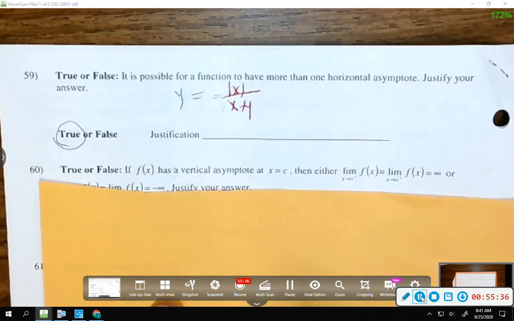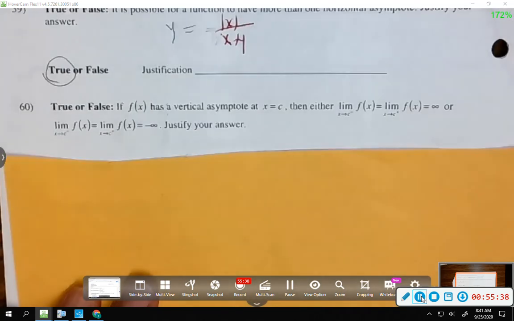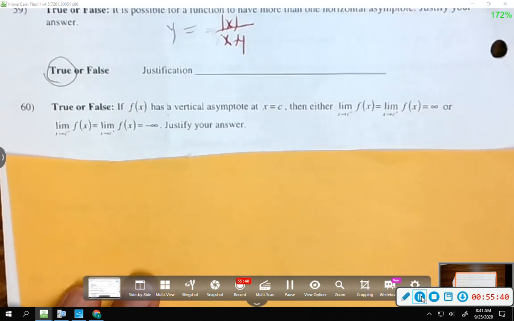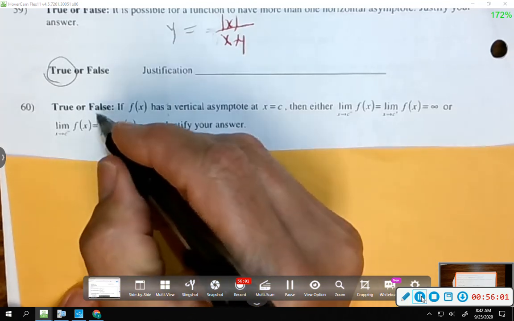60, true or false. If f of x has a vertical asymptote at x equals c, then either the limit as x approaches c from the left of f of x equals the limit as x approaches c from the right of f of x equals infinity, or the limit as x approaches c from the left equals the limit as x approaches c from the right equals negative infinity. That's false. You just have to have one of them. It doesn't matter. They don't both have to go to negative infinity.